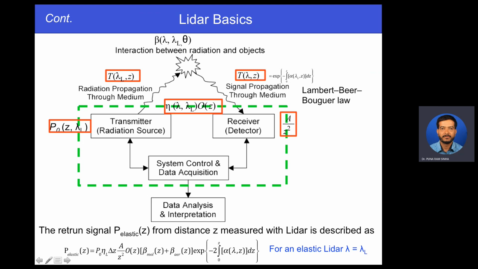So the received power will be proportional to the power of the transmitted beam. This is the received power, this is the transmitted power. Then how efficient are the optics, that is basically optical efficiency. Different terminology I am going to show you in the next slides.